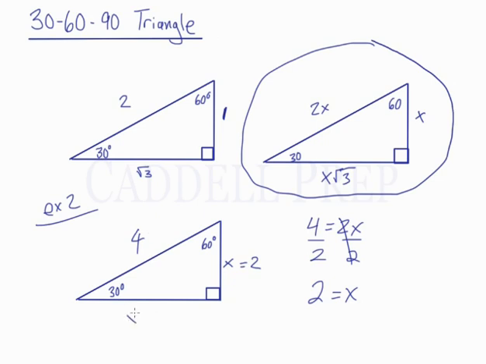So that means this side is x radical 3, and we know that x is 2, so this would be 2 radical 3. So we were given a hypotenuse of 4. From that we determined that x is 2, and now we're able to figure out the other two sides by using this diagram.